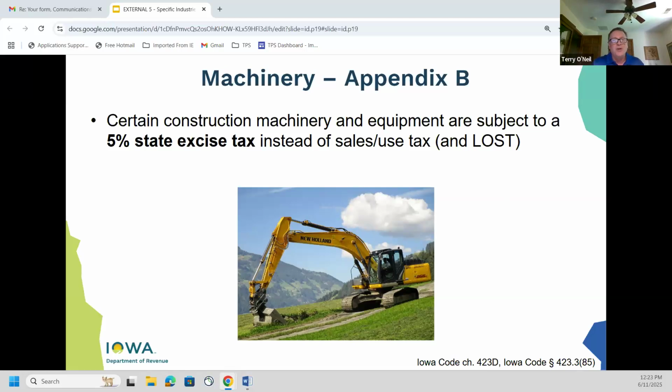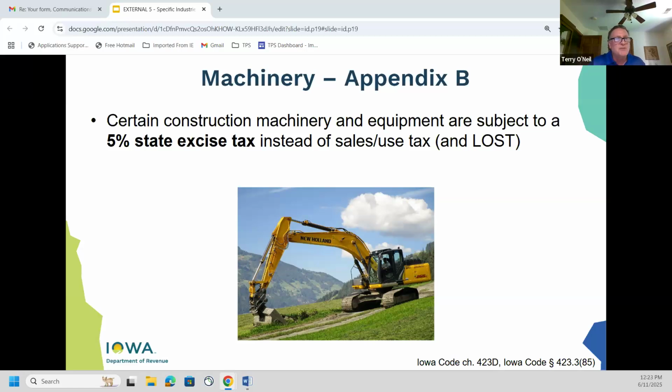So what are some things that are subject to this 5% excise tax? Well, self-propelled building equipment, and it looks like we've got a track backhoe here in the illustration. That's a good example of self-propelled building equipment. There's also pile drivers, motorized scaffolding. Those are things that could be subject to this 5% excise tax. Also auxiliary attachments, which improve the performance, safety, operation, or efficiency of this equipment, and replacement parts for this equipment.